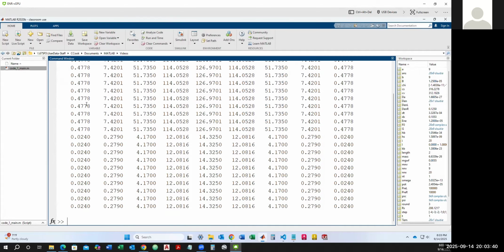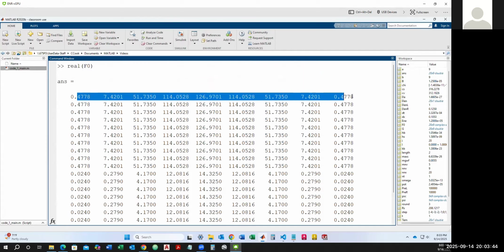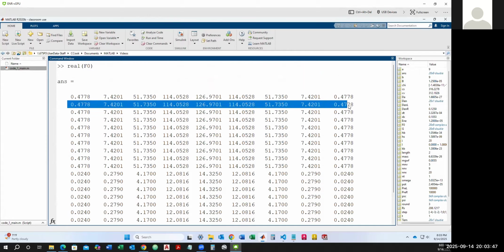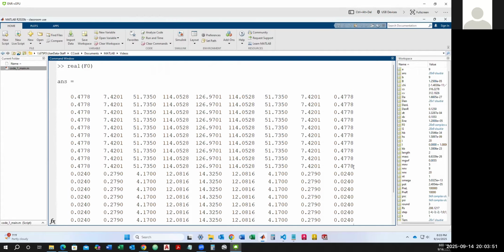Row 1 is node 1 in space. Row 2 is node 2 in space, all the way up until the last node in space. So each column represents a quantized velocity. So those are our occupational velocities.